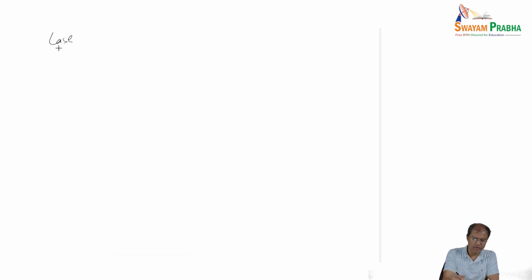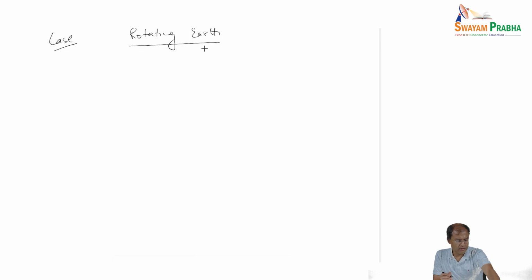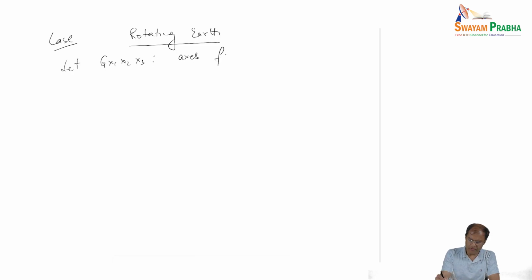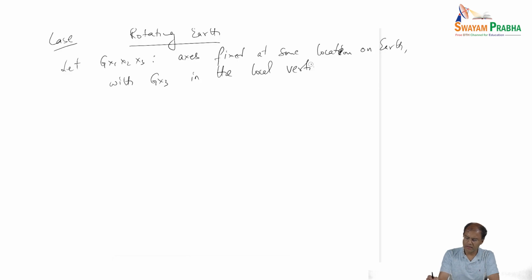So then let us now look at the case with the Earth's rotation taken into account. So this is the case when we have the rotating Earth. Let G, x1, x2, x3 be the axes fixed at some location on Earth, with Gx3 in the local vertical direction, and Gx1 points north and Gx2 will point west, right?